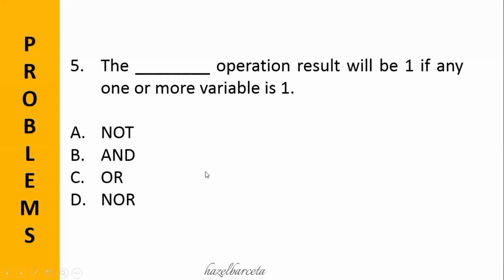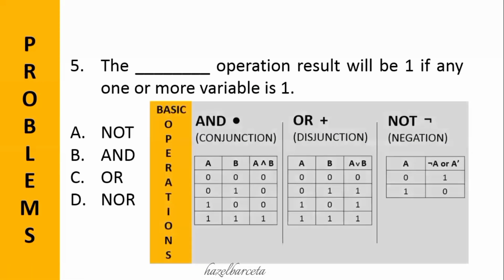Balikan po natin ang ating operations here. Any one or more. So, any one na 1 po ang input or more or both. Tapos, ang result ay 1. Therefore, it is OR.